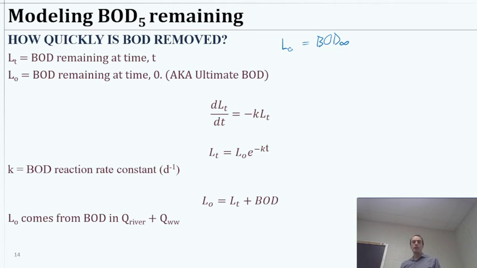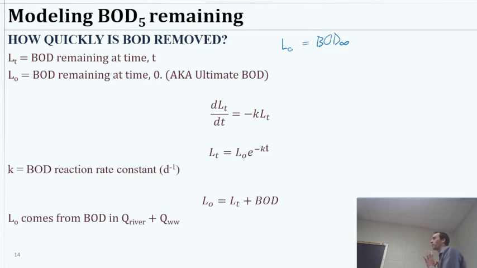But in theory, there's more than what can be consumed in 5 days. I said already we could do 3 days, we could do 10 days. We'll get different values, but 5 is the standard. So my point here is this BOD remaining at some time t, maybe it's 6 days in, so we've already passed what the BOD5 value would have been, but there's still some remaining.